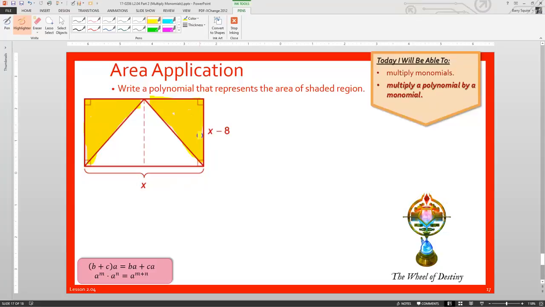Okay. One of the ways to look at this one is as a rectangle with a triangle cut out of it. So I'm going to work on finding the area of the rectangle, just call that area of the rectangle, minus the area of the triangle.